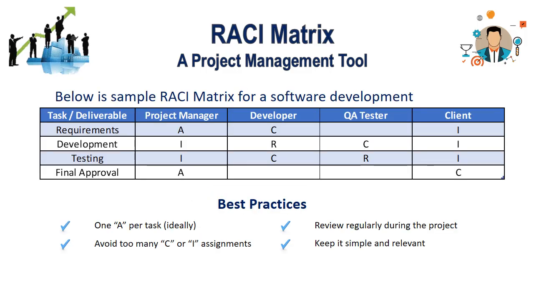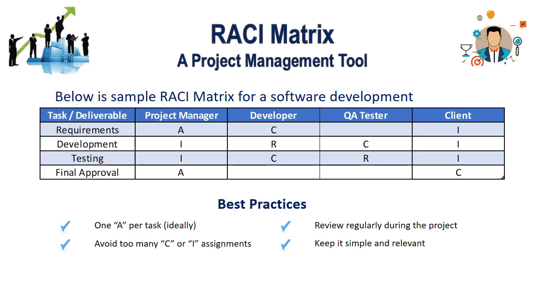Now let's try to understand how to use RACI matrix with a simple example of software development. So in the table you can see in rows I have put different stages. In columns you can see different people involved in that project. So there will be a project manager, developer, QA tester, and a client.